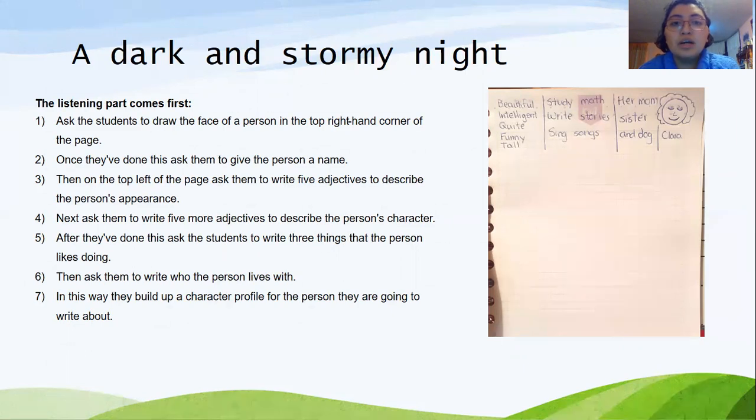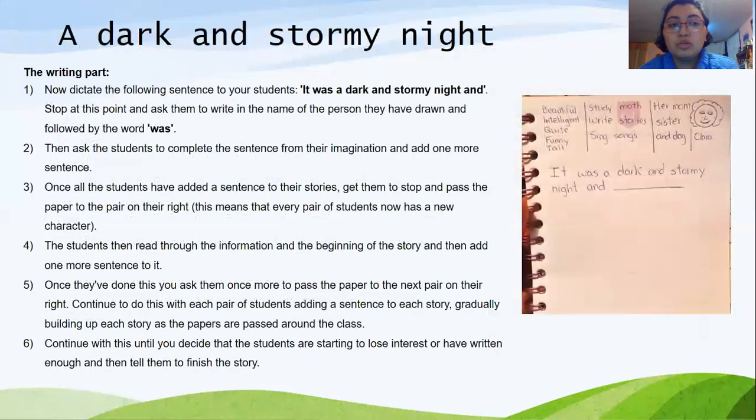So, now we are going to look at the writing part. Here it says to dictate the following sentence to your students. This sentence is, it was a dark and stormy night, and we stop at that part because at this moment each student will complete the sentence with their imagination and add one more sentence.